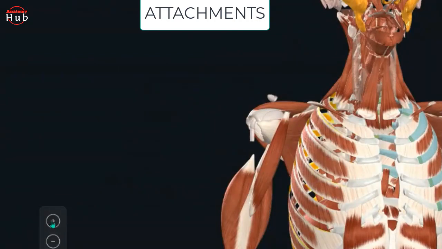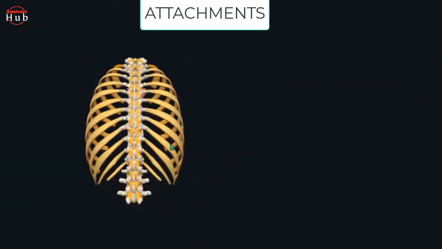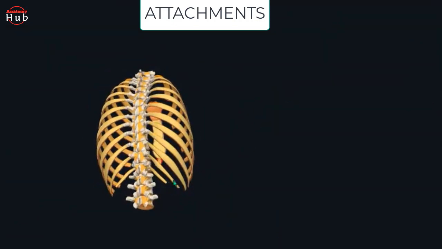But very deep to that, there is also another muscle present. That muscle is your intercostalis intimus muscle. It is not present over here. This is your 11th rib and this is your 12th rib.